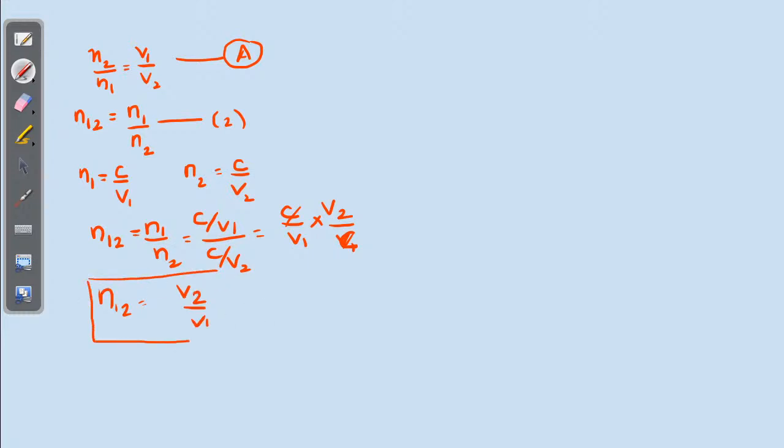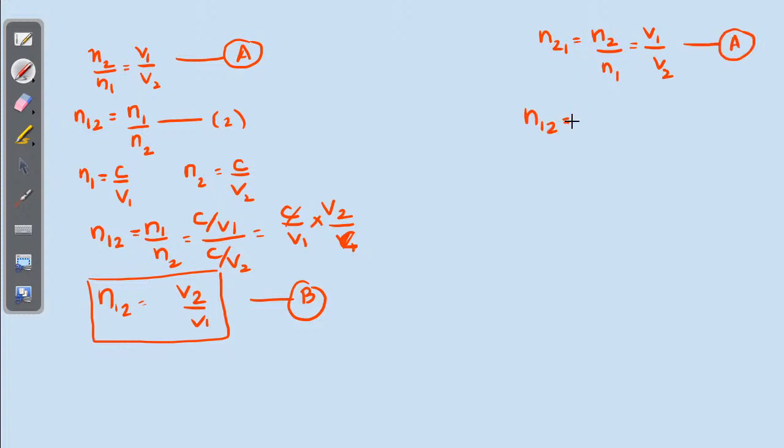Now let me copy expression A and expression B here. Expression A: n21 is equal to n2 by n1 is equal to v1 by v2. Now n12 is equal to n1 by n2 is equal to v2 by v1. That is my expression B.